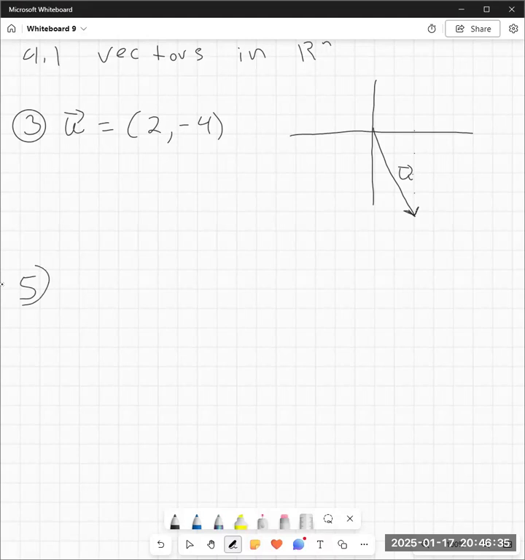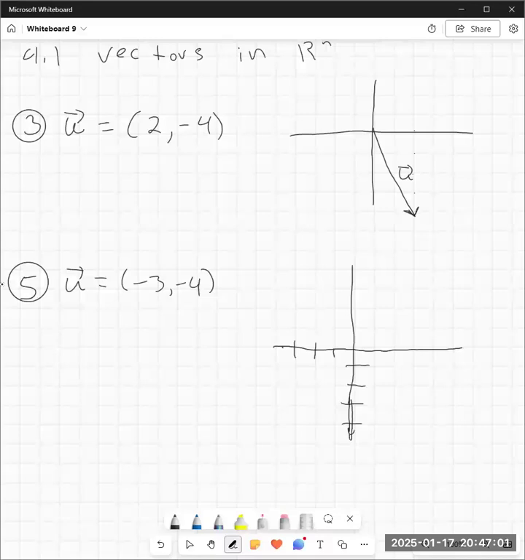Number 5 says u is equal to -3, -4. So we'll make a coordinate plane here. We're going to go 3 to the left and 4 down, right here. Wish I had my, oh, I do have my straight edge here.